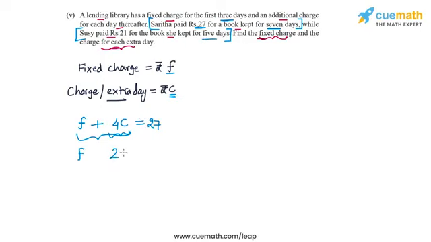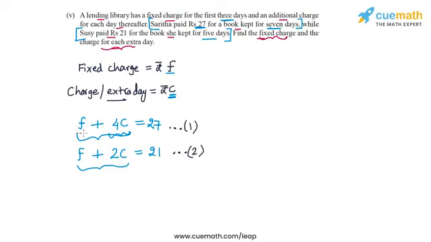So she incurred an extra charge of 2 into rupees C or 2C. And the total charge that Susie paid was F plus 2C, and this was equal to 21. So this is the second equation that we get. Let's label the two equations as 1 and 2.